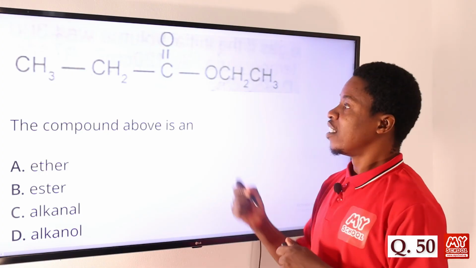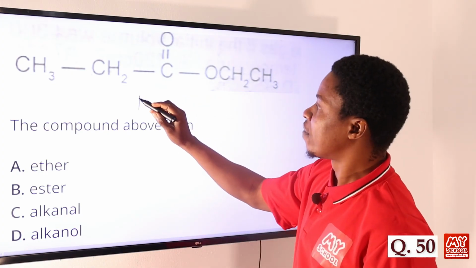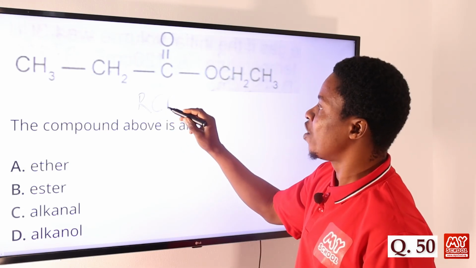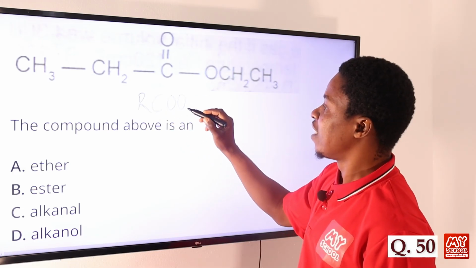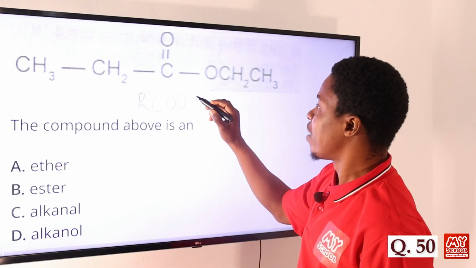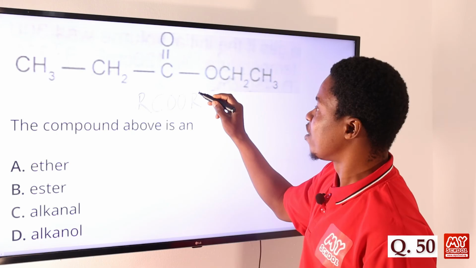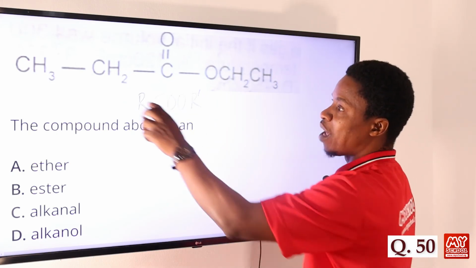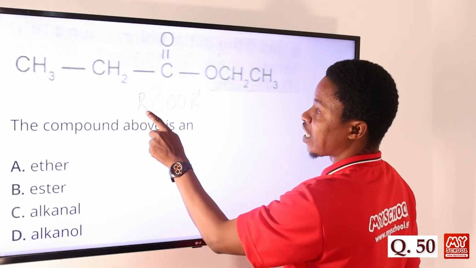For esters, usually we will have an alkyl group, then we have a COO here, to show that it is actually an alkanoate, then we have another alkyl group here. I think this one actually fits in for an ester. We have CH3CH2, this is an alkyl group.